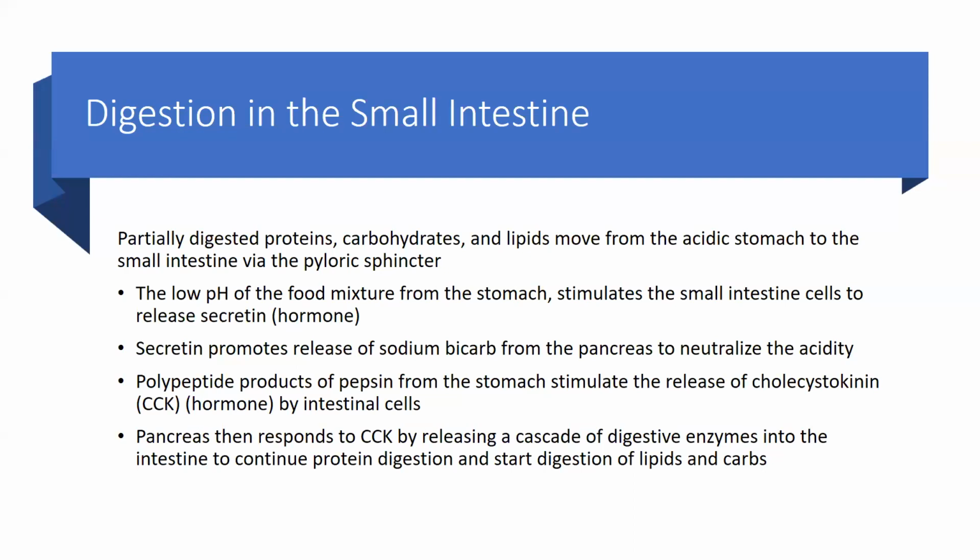From there, the polypeptide products of pepsin, try to say that three times fast, stimulate the release of cholecystokinin, which is also a hormone, also released by intestinal cells. The pancreas will respond to CCK by releasing its cascade of digestive enzymes. Those enzymes, held in their inactive forms in vesicles, will now be stimulated by the hormone to be released.